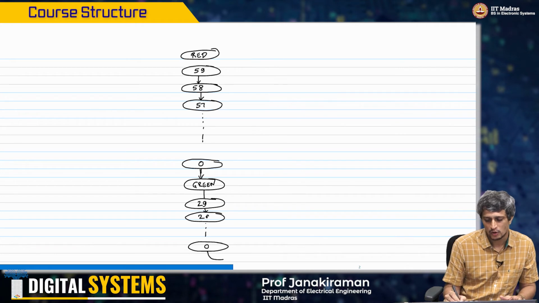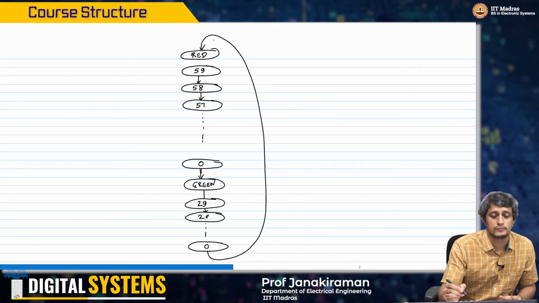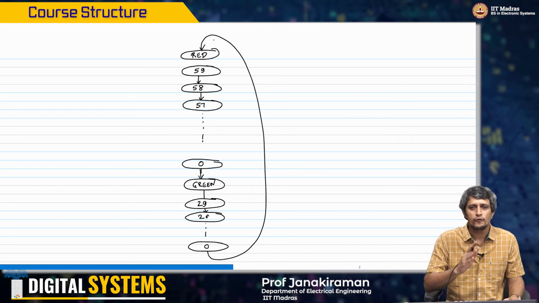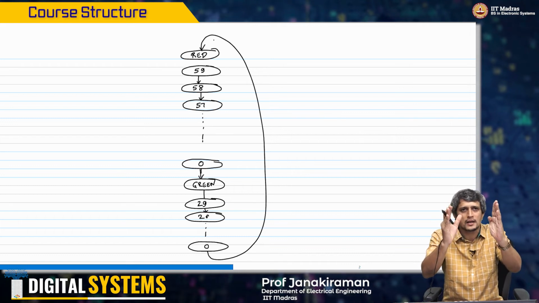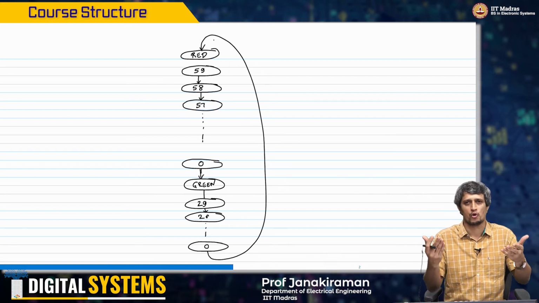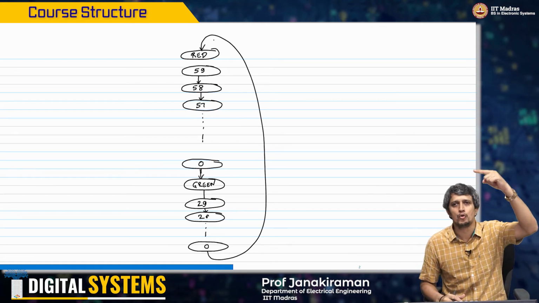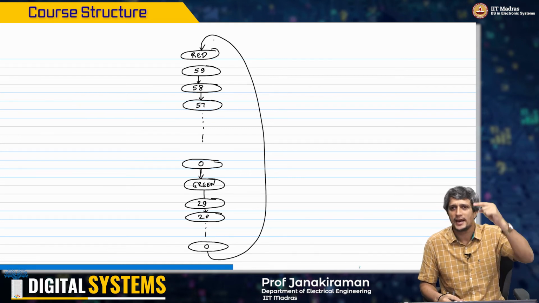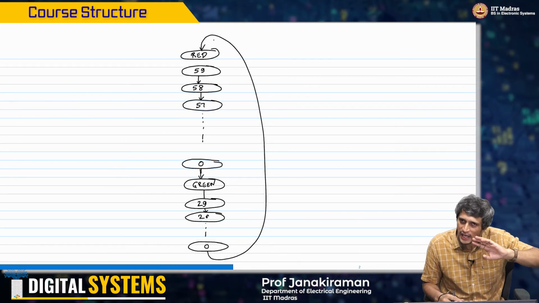After it comes to 0, it goes back to red. So if you just observe that traffic signal counter and see what states it goes through, it will be going through this loop again and again through the entire day.